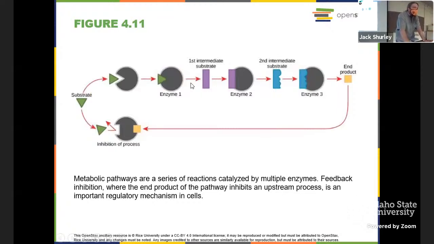So we'll skip that. Oftentimes, with some of those inhibition processes, we think about some end product serving as the inhibitor, and this would be allosteric inhibition. We're not acting on the active site.